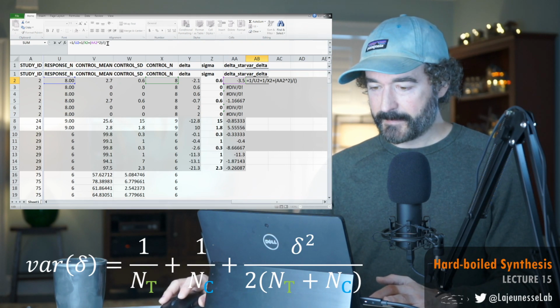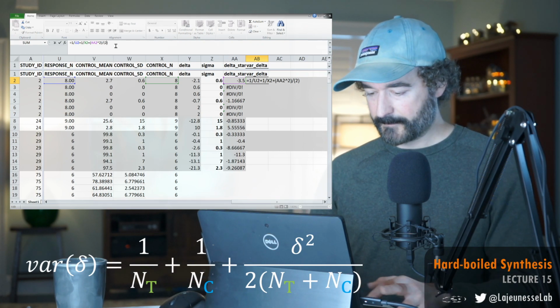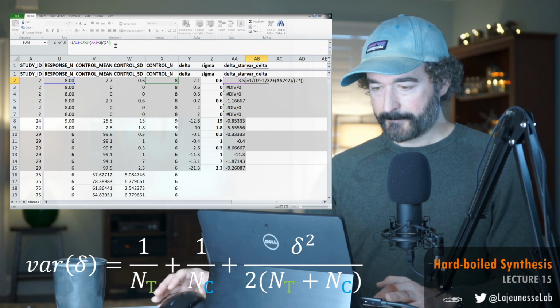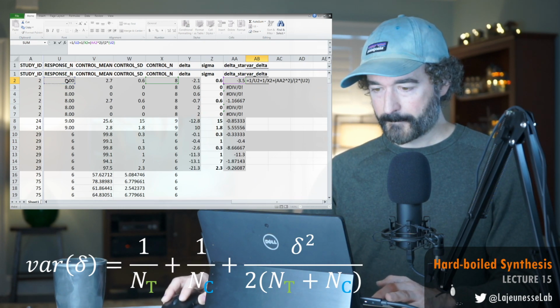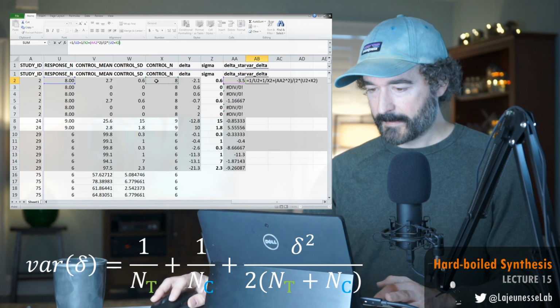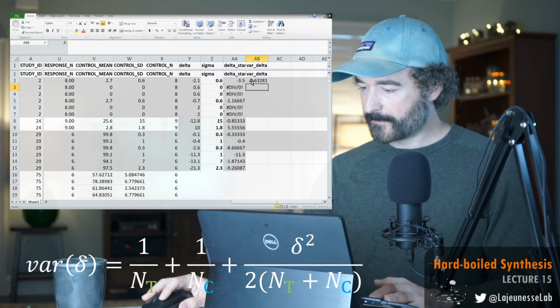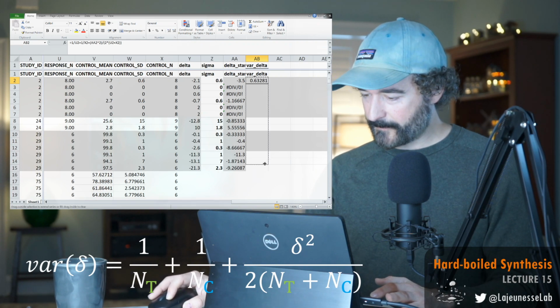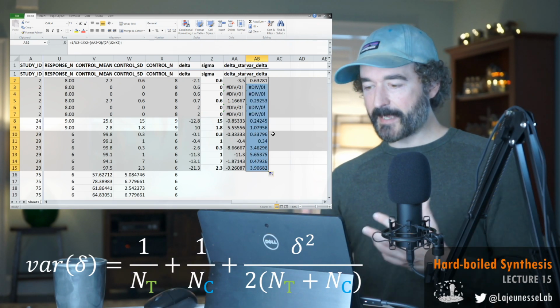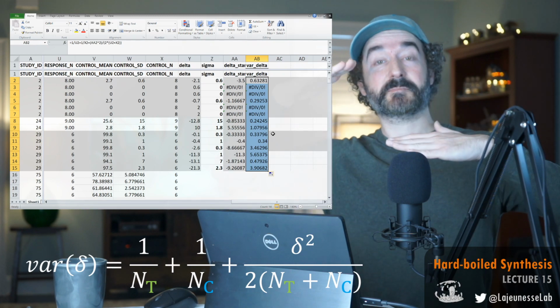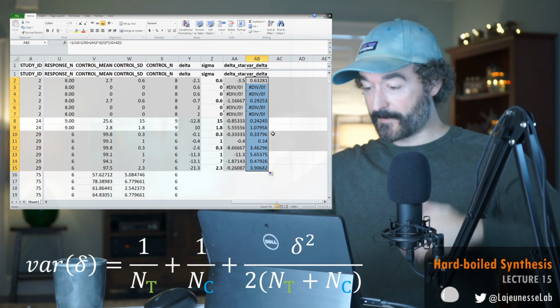And then there we go, we got the variance. Now let's quickly zip through the variance of each thing and have an eyeball of which studies are going to get weighted more heavily than others.